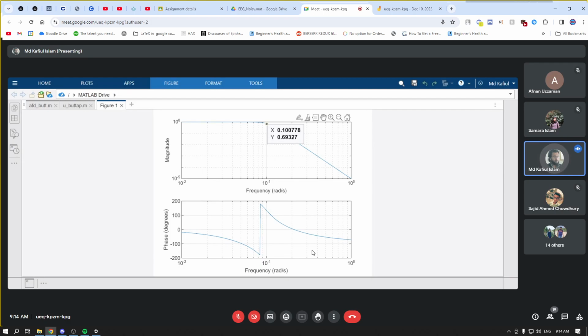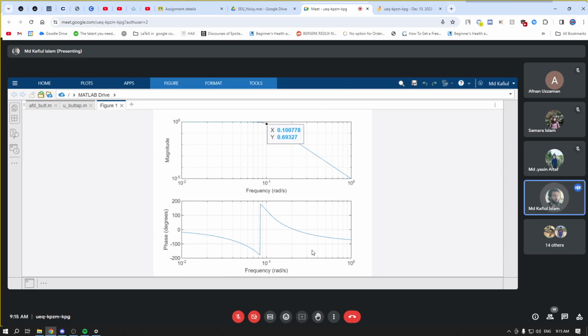So what is the maximum gain here? 10 to the power 0, right? What is 10 to the power 0? 1. So maximum gain is 1. And 70.7% means 0.7, right? So 0.69, can you consider this as 0.7? Yes, sir. What is my x value? 0.1. 0.1 frequency radian per second.